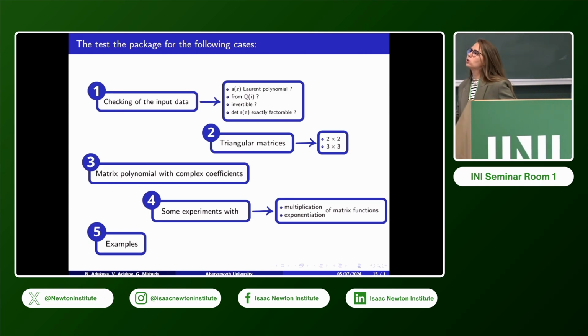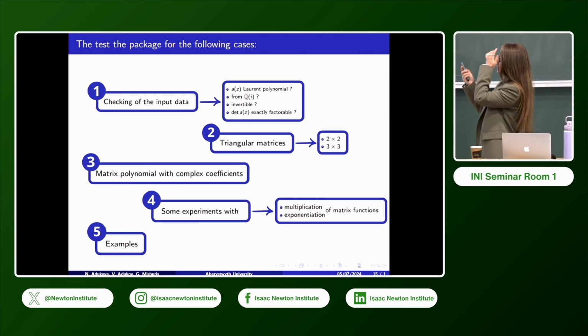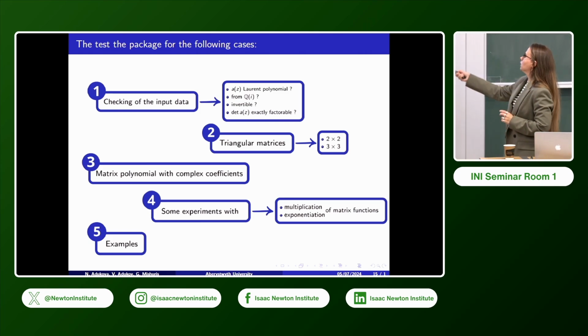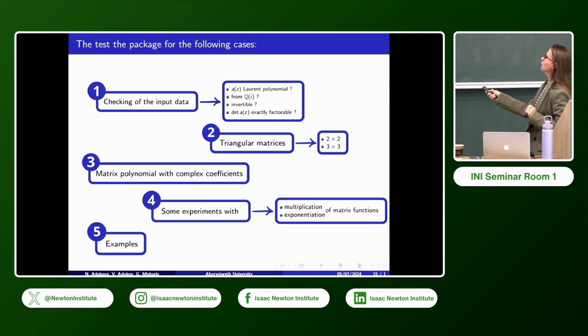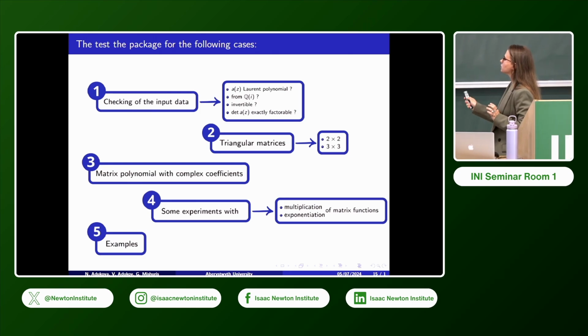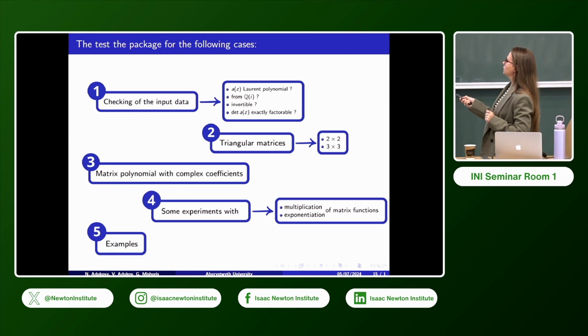Now we are going to consider some examples. Firstly, we will do checking examples of our 4 main points. Then we will see some triangular matrices, factorization of triangular matrices.